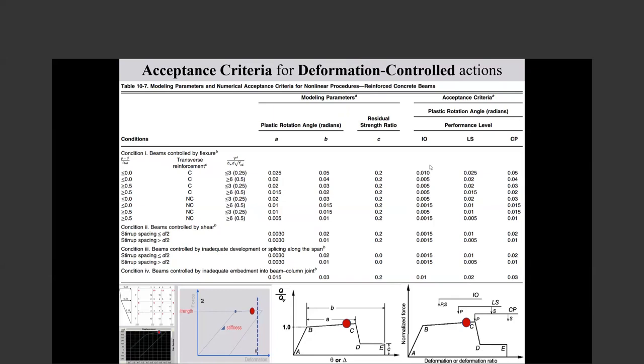There are some questions. How can they develop a backbone curve based on concrete section and arrangement of reinforcement?